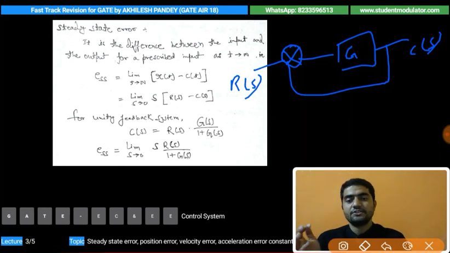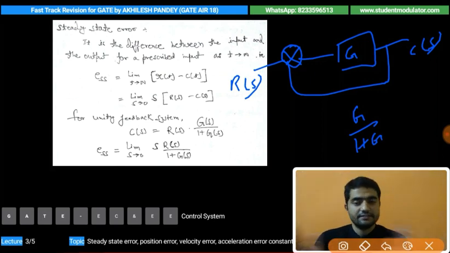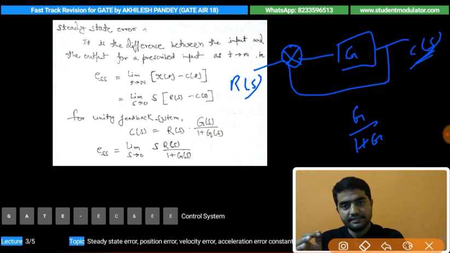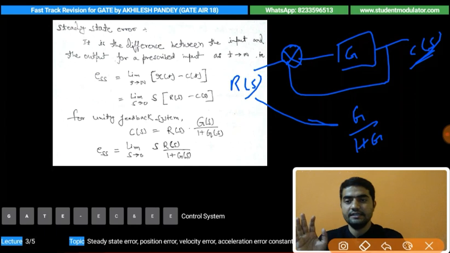Then the overall transfer function of the system will be given as G upon 1 plus G. We have already studied it in the previous classes. So this is the overall transfer function. So C(s) will be given as R(s) into G upon 1 plus G. The same I have written here, C(s) equals R(s) into G(s) upon 1 plus G(s).